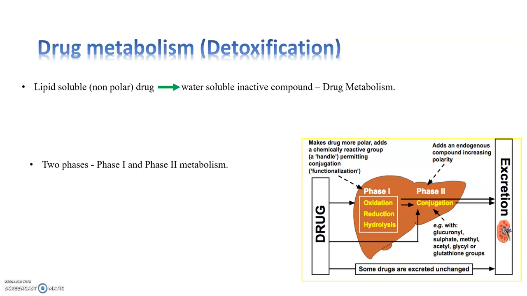The polar fragment should be inactive, otherwise wherever it goes it will be absorbed here and there and re-enter our body. So to avoid this reabsorption, it should be made completely inactive.